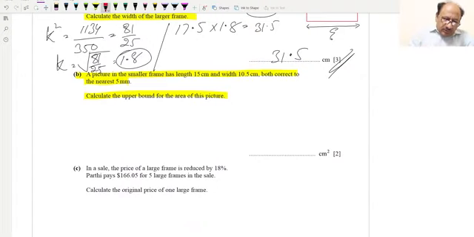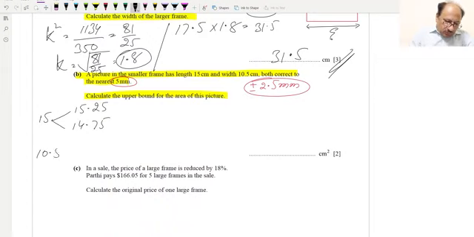We will be taking the nearest 5, so it means plus or minus 2.5 millimeters will be added and subtracted for upper bound and lower bound. So we can check the upper bound and lower bound of 15. This will be 15.25, we are adding this, and subtracting will be 14.75.